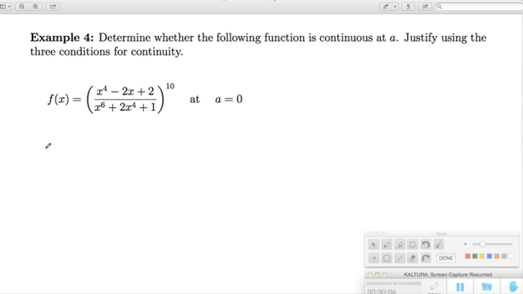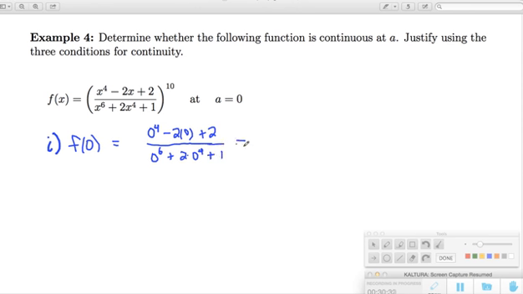So, condition number 1, remember, is that the function is defined at that particular value. Well, f of 0 here is just what you'd get when you plug in 0 into the function. Well, this is 0 to the power 4 minus 2 times 0 plus 2 over 0 to the 6th plus 2 times 0 to the 4th plus 1.